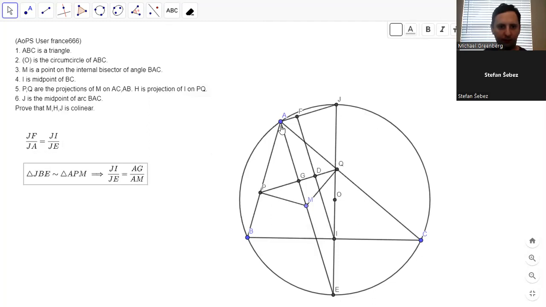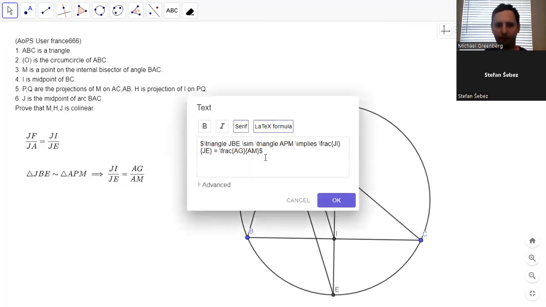Since JF over JA is equal to AG over AM, then that implies that, which is FD over AM.